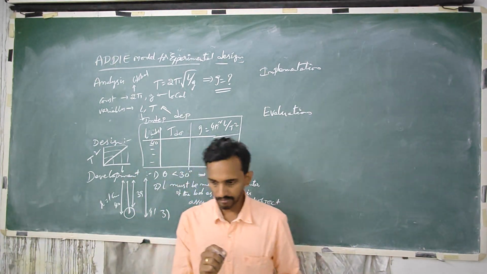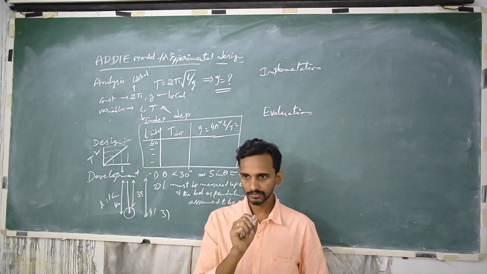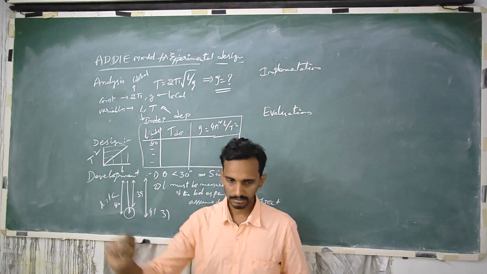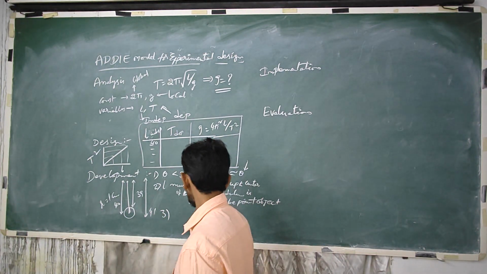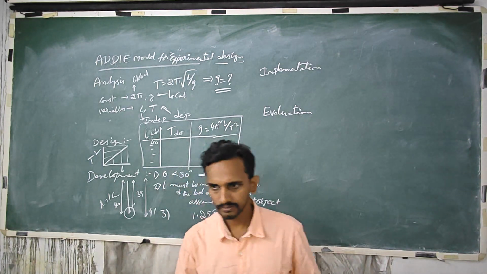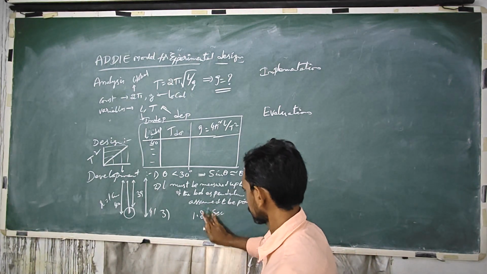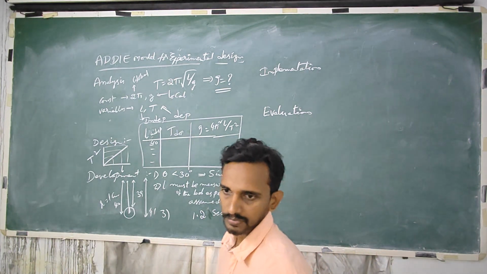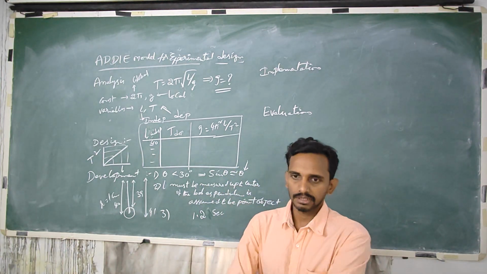Let's say my aim is to count for one oscillation. So it goes there. Let's say it takes 1.2 seconds. And my stop clock has only seconds division.